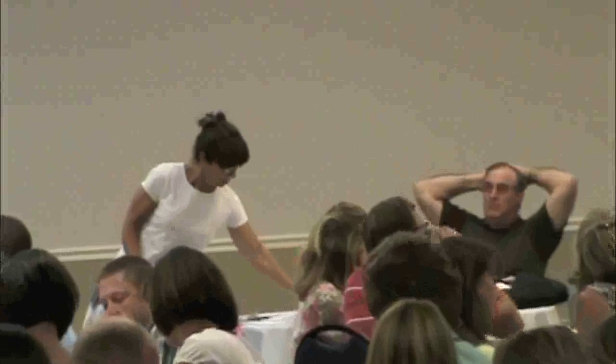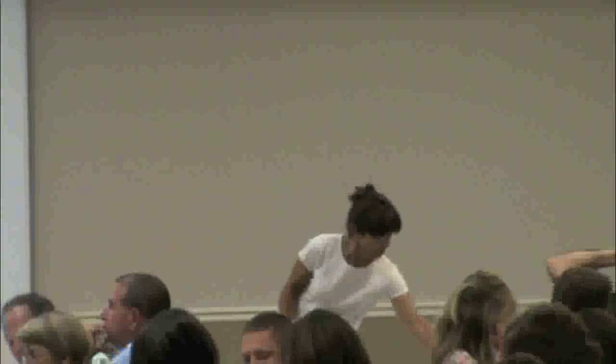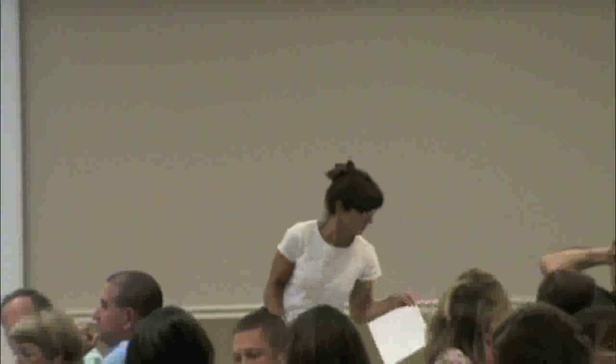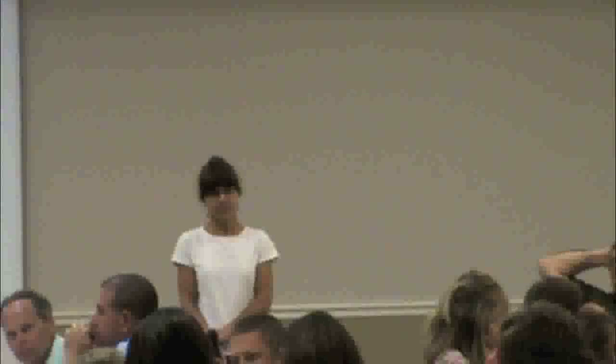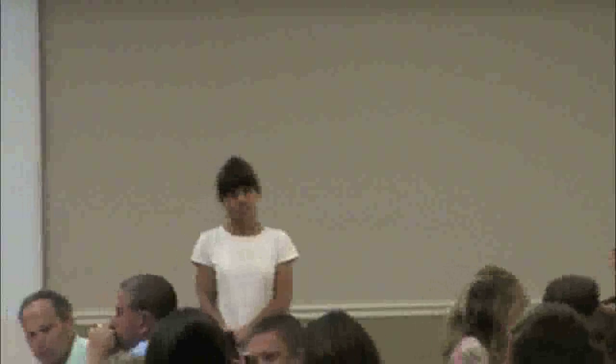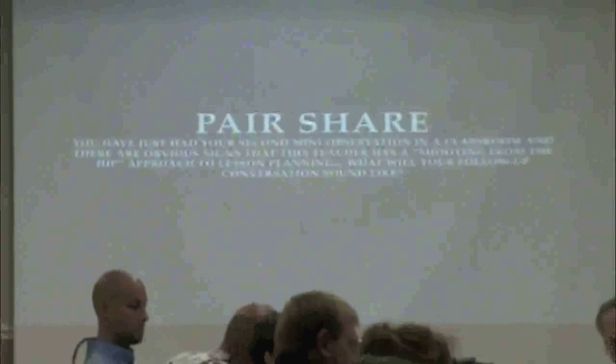Are you connecting to previous learning? It gives really specific examples that show evidence of whether they truly are doing what they want to be doing or not. Good, thank you. Anybody else?